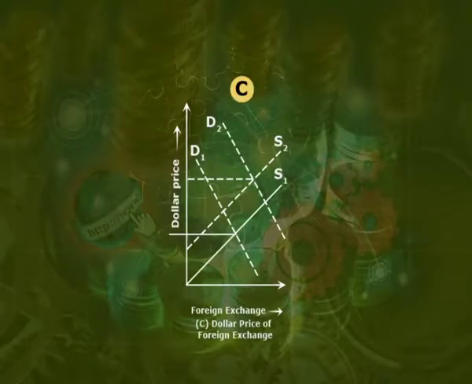Accordingly, the domestic price for foreign exchange rises from P1 to P2 as shown in figure C. A rise in the dollar price of foreign exchange means a fall in the external value of the dollar, since Americans must now give up more dollars to get the same amount of foreign exchange.